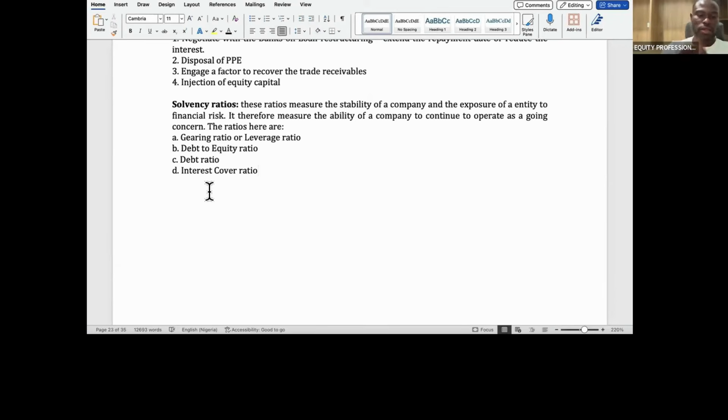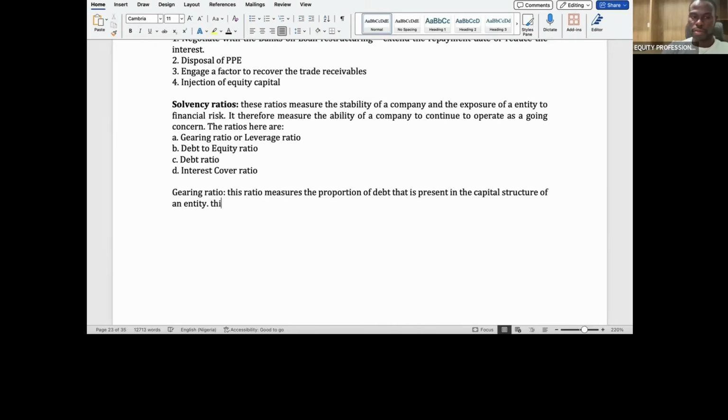So let's look at the gearing ratio. This ratio measures the proportion of debt that is present in the capital structure of an entity.